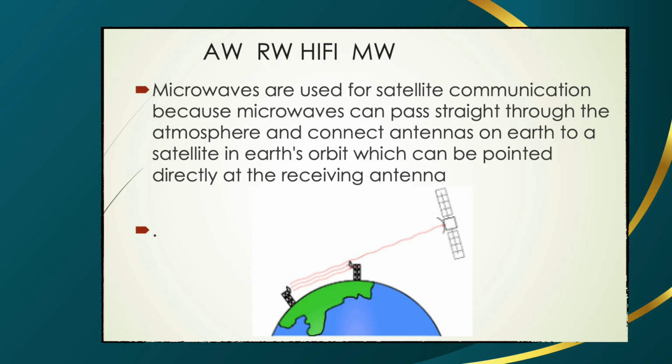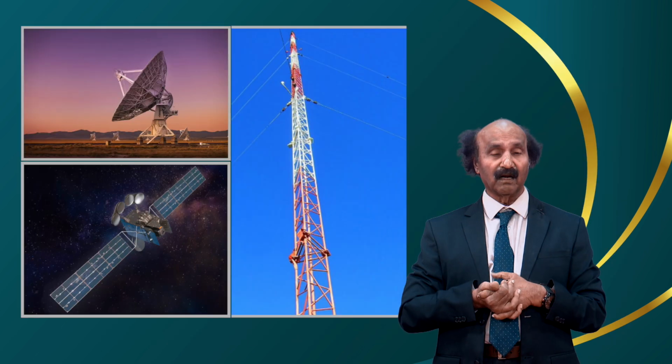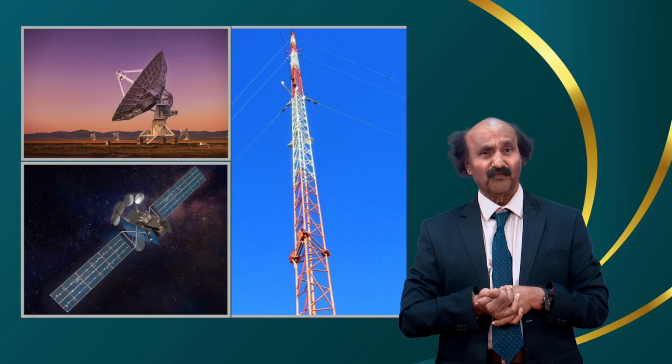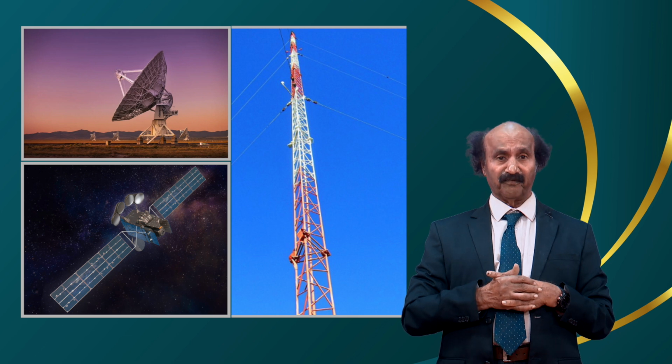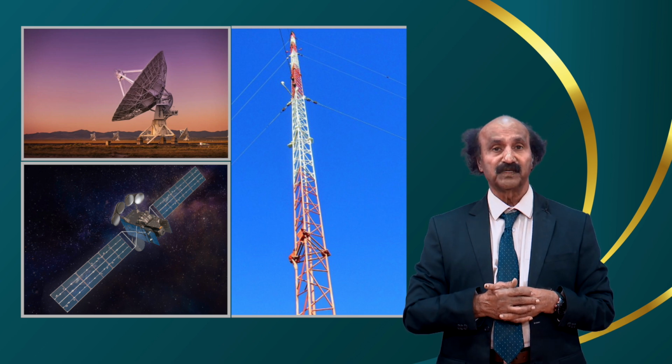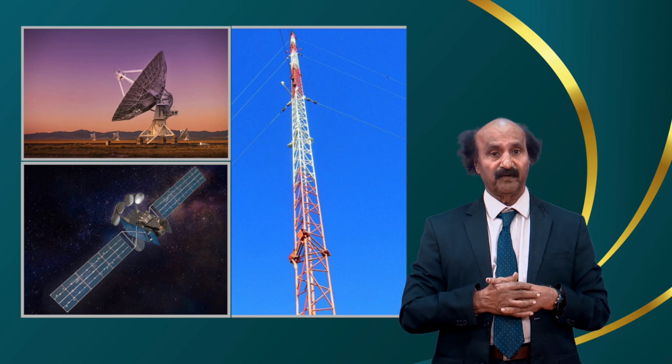For this, we went on to microwave and light wave. Microwave means the frequency would be about 10 power 9 hertz, or 10 power 11, not more. So, we say it is about gigahertz frequencies, megahertz or gigahertz range. The microwaves have a short wavelength.